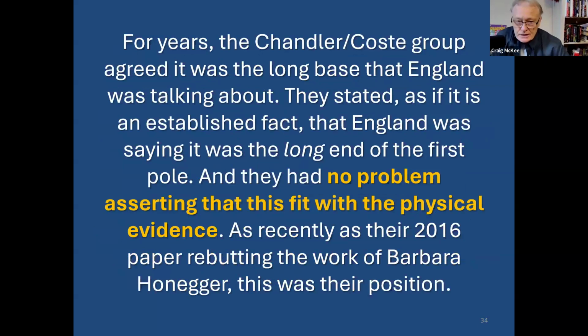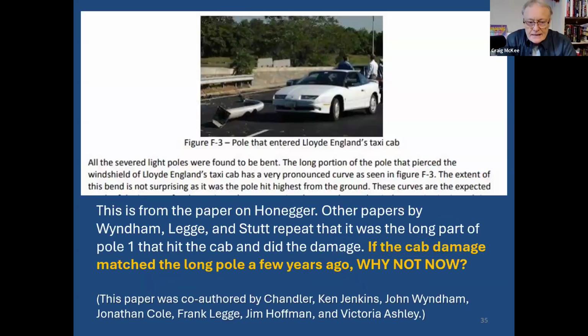Now, for years, Chandler and the rest of that group were fine with saying it was the long base of the pole. And they only stopped that, as we'll see, in a 2016 paper that they wrote about Barbara Honegger's work. So they thought it fit the evidence fine then. And you can see this is a little shot from that 2016 paper, with the authors listed on the bottom.